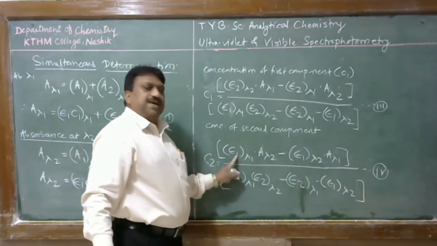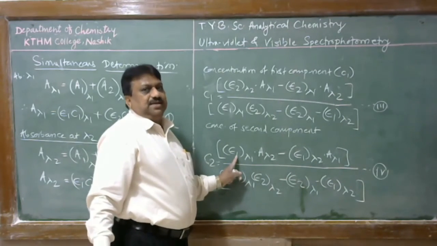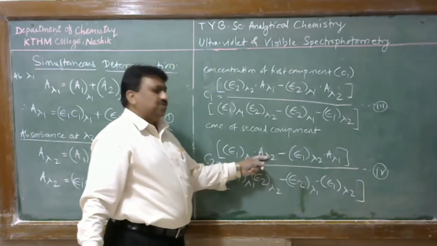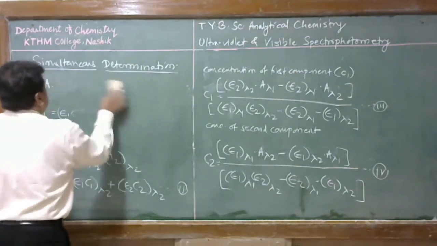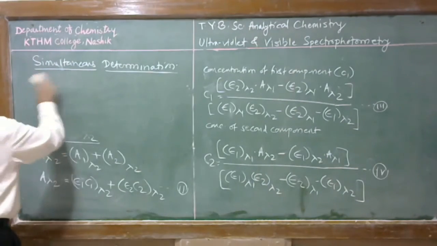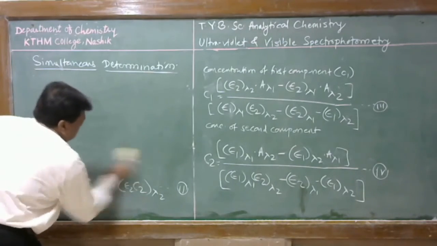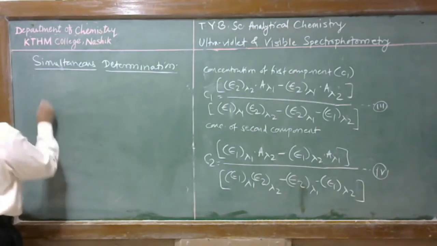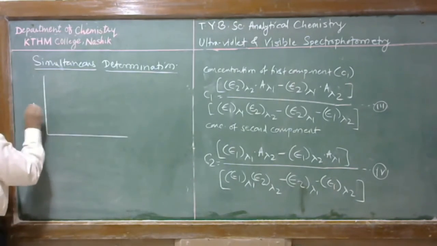In this case, the epsilon values are obtained from the graph, where the compound is in a pure state, and the absorbance is taken from the mixture. The step given in the procedure of simultaneous determination is that when we plot a graph of absorbance as a function of wavelength, we have a graph like this.